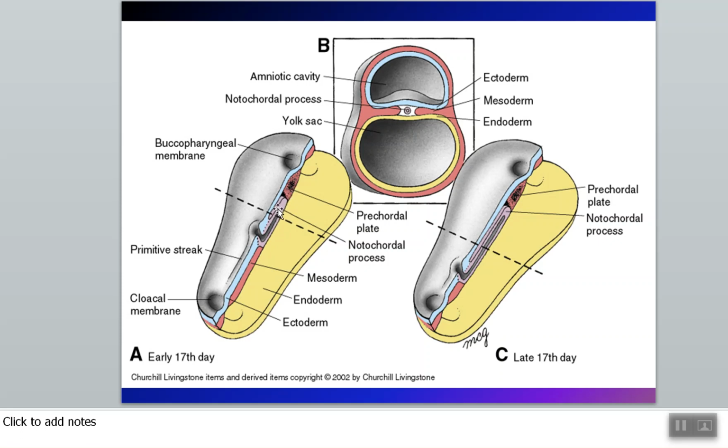These structures are important for the formation of the brain, neural tube, and vertebral column. The further development of the notochord is shown by this simple picture. Again, the prochordal plate.